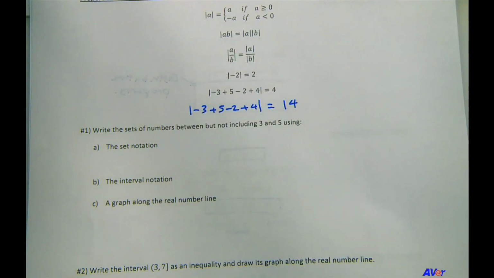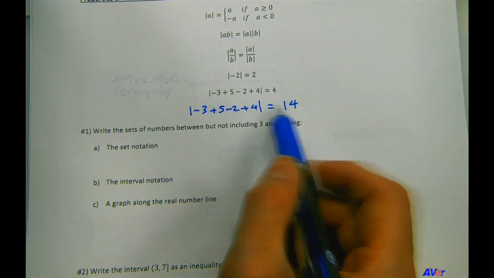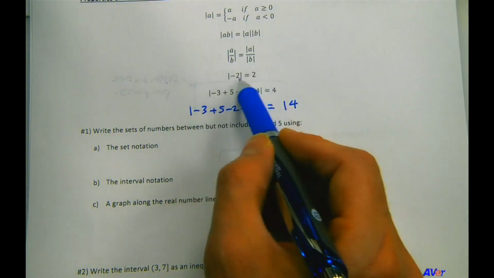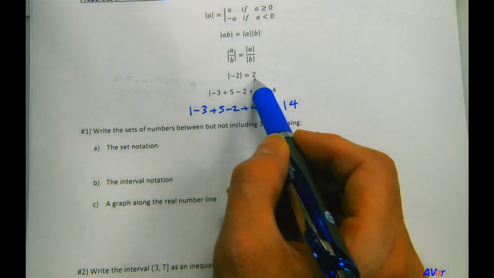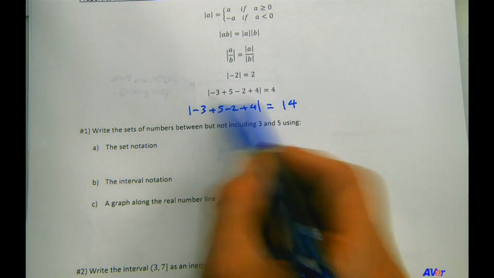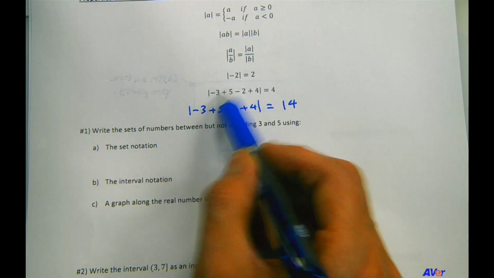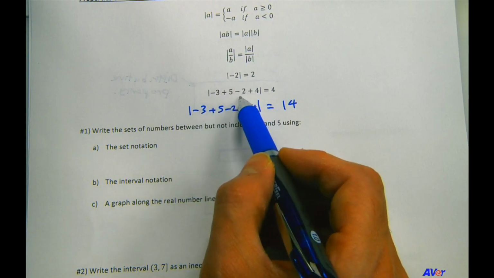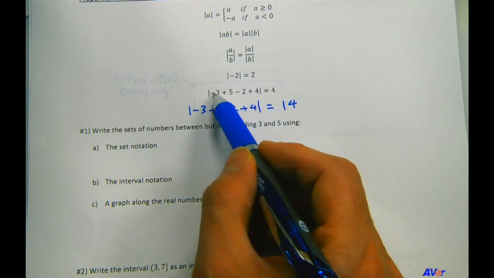And it took me a while to figure out why people were answering 14. Then it dawned on me that people first look at this and say, oh, absolute value makes every negative number positive. So then they look at this equation and say, oh, the absolute value of negative 3 is positive 3. The absolute value of positive 5 is 5. The absolute value of negative 2 is 2. The absolute value of 4 is 4. So add all the positive numbers, you get 14.